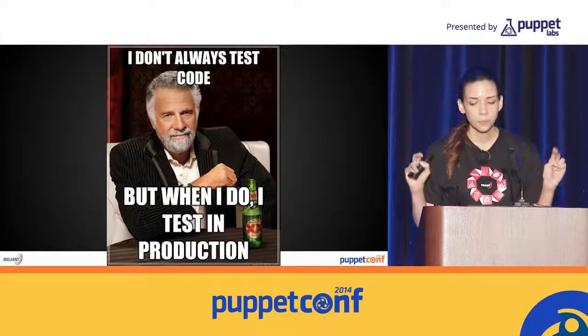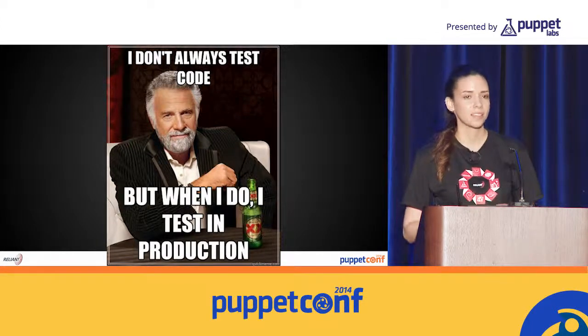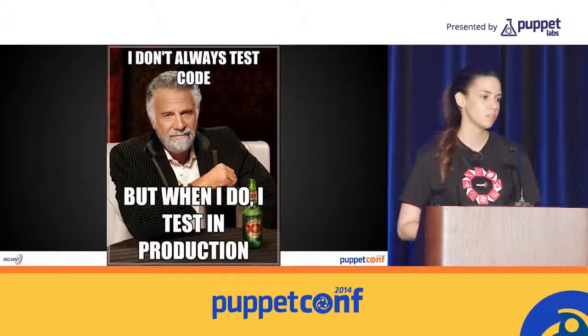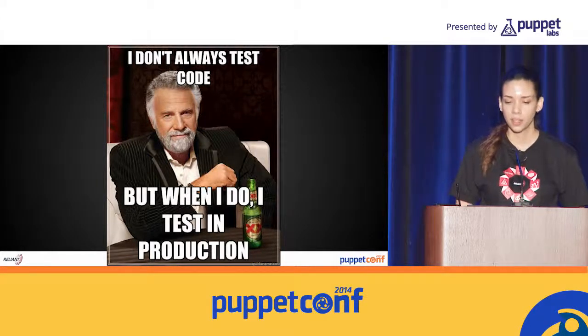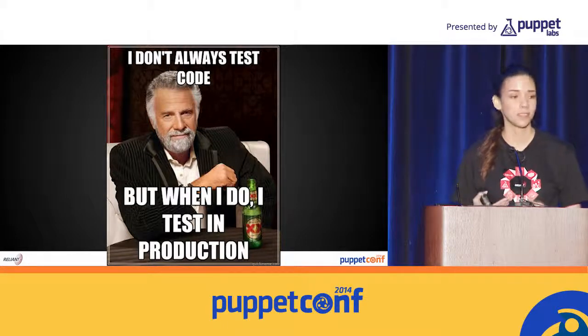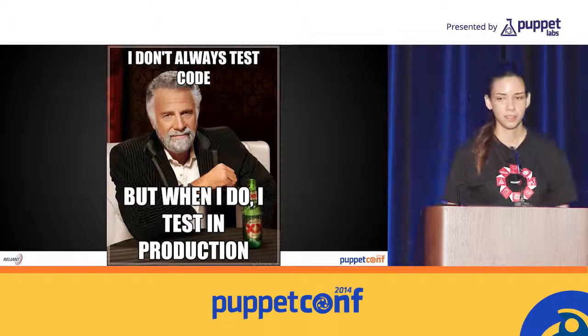So for this type of testing, you still have to have access, say SSH, to the target node, and you still have to have access as root so you can run Puppet apply. That's not desirable.